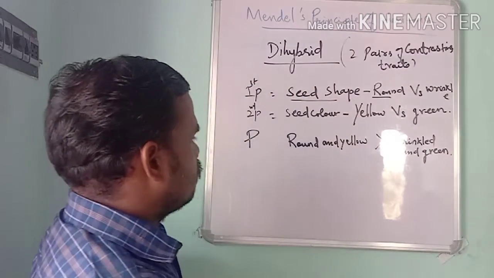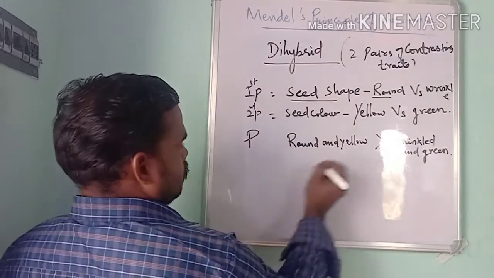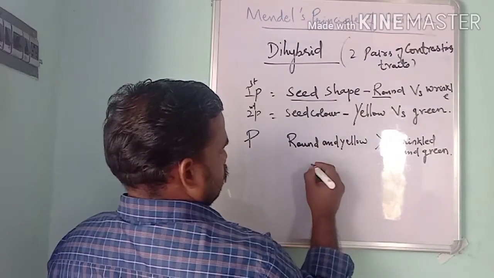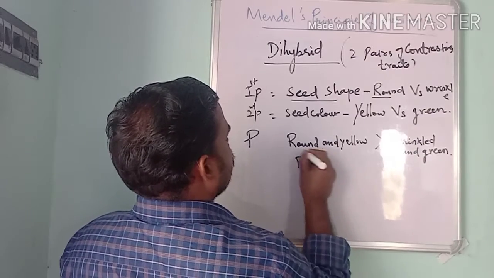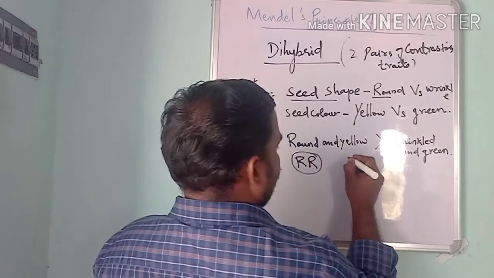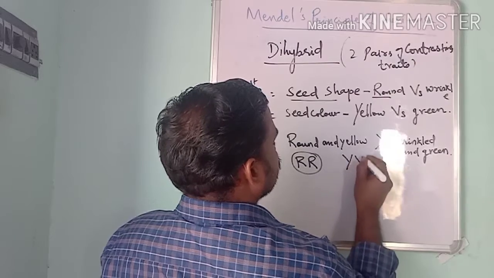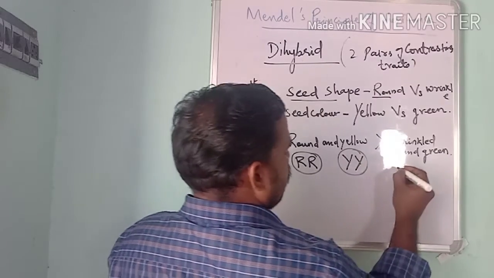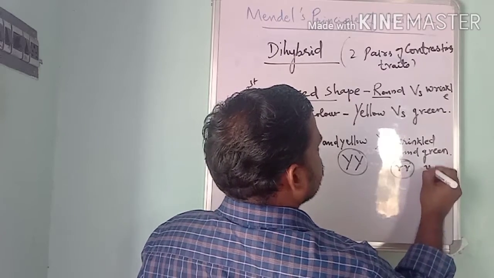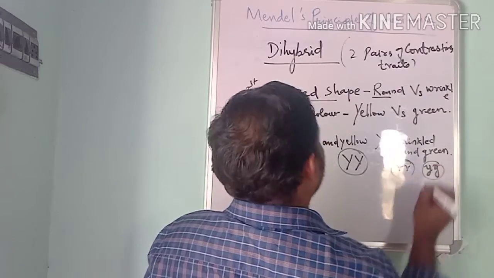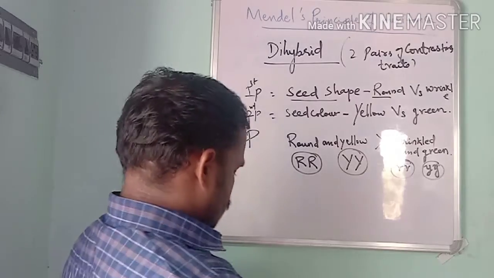The factors for round and yellow are R and Y, and in the same way, small r and small y.